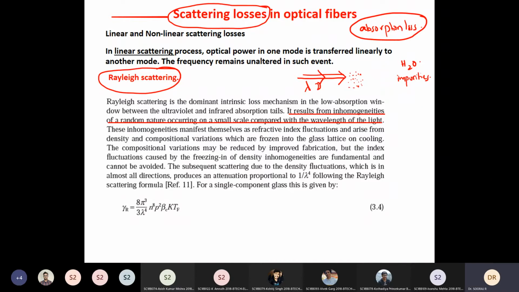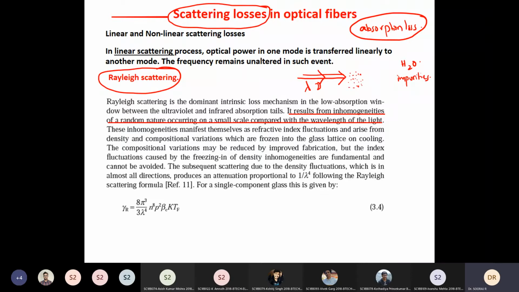In an optical fiber, Rayleigh scattering is the dominant scattering mechanism that is present. Rayleigh scattering happens because inside the optical fiber you have some inhomogeneities of random nature whose dimension or scale is small compared to the wavelength of the light.